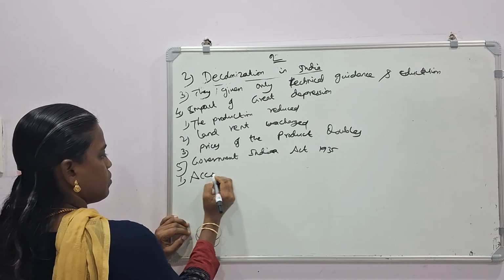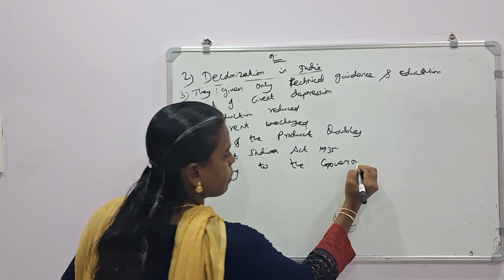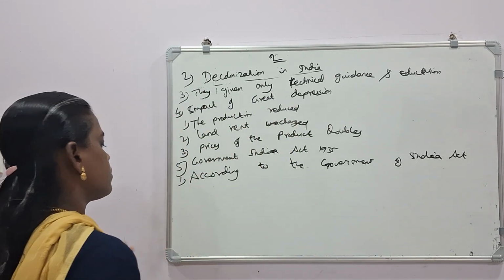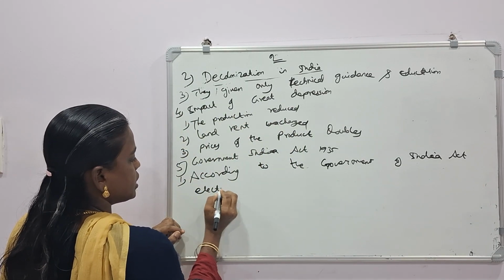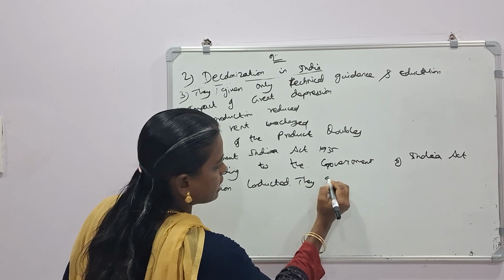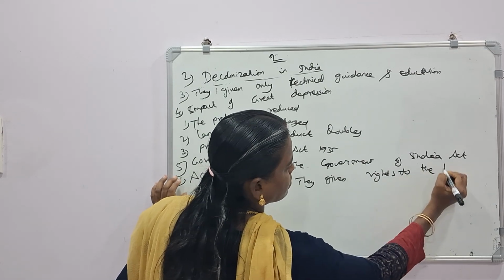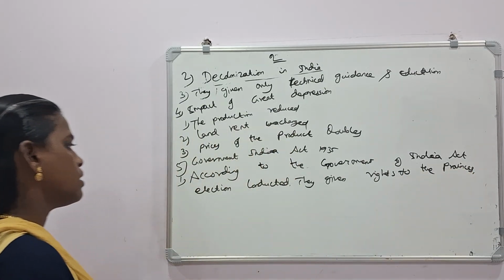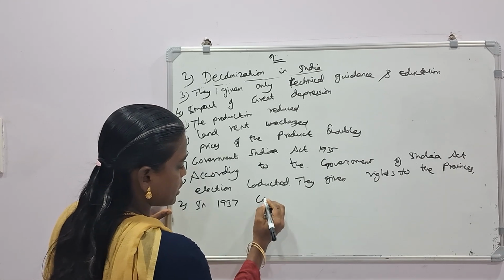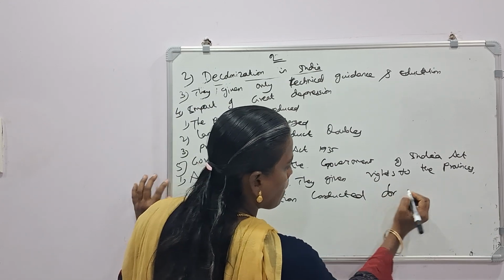First point, according to the Government of India Act, elections were conducted, and they gave rights to the provinces. Second point, in 1937, elections were conducted for provinces.